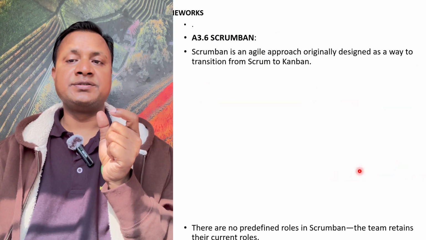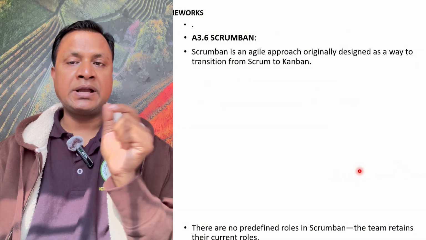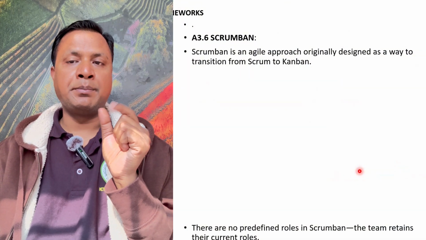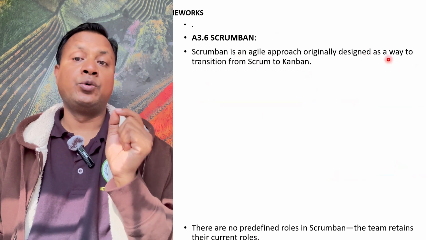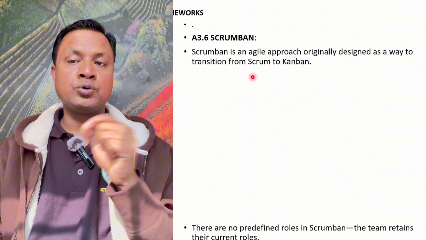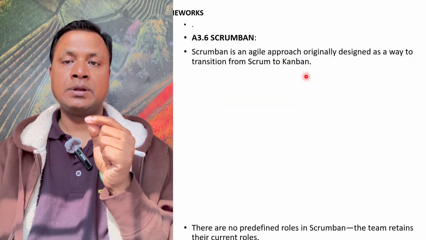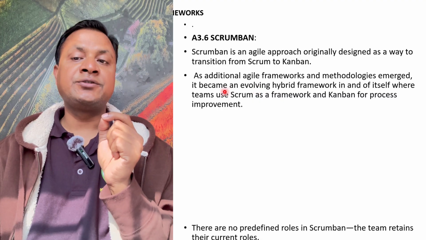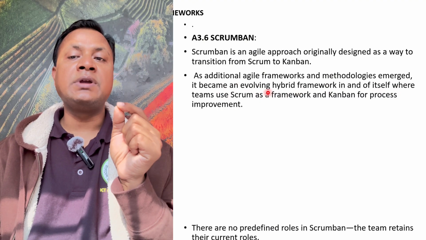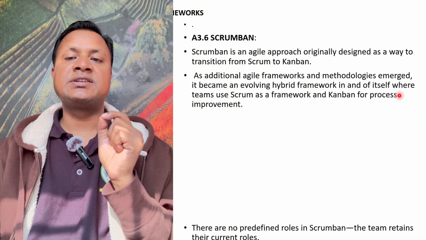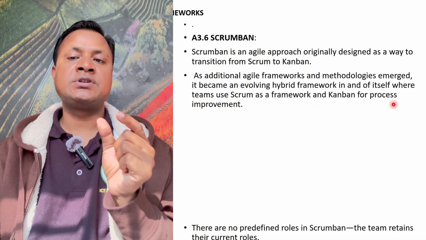Now another word is Scrumban. What is Scrumban? There are two words, Kanban and Scrum, together it is Scrumban. Scrumban is an agile approach originally designed as a way to transform from Scrum to Kanban. As additional agile frameworks and methodologies emerged, it became an evolving hybrid framework in and of itself, where teams use Scrum as a framework and Kanban for process improvement.